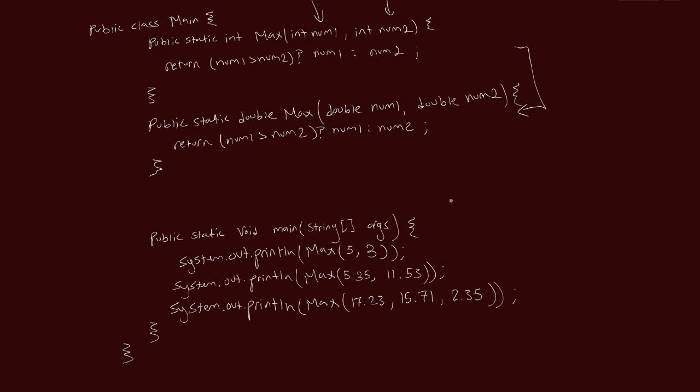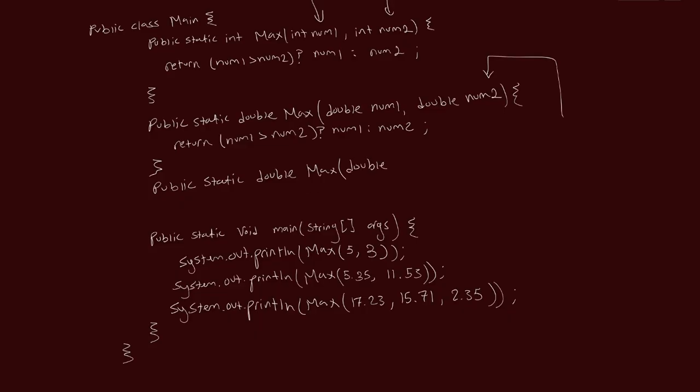We can write another max method that returns a double value but takes 3 parameters instead of 2, because this one, though it's passing in double values, is missing a third parameter. This method can only take 2 parameters, so we can call another method with the same name max that can take 3 parameters.